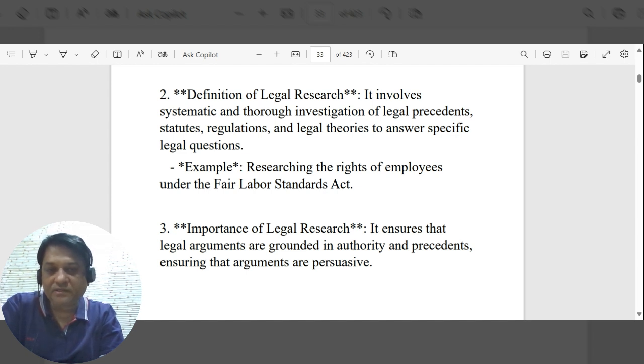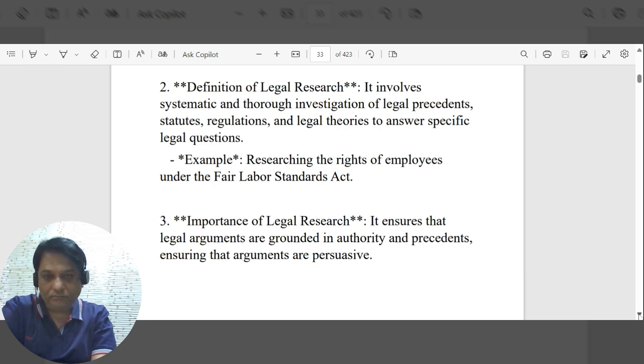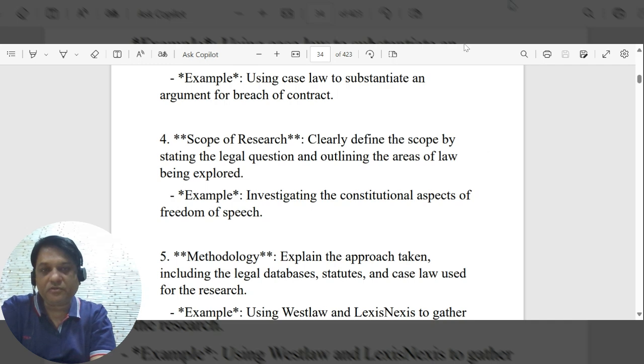Importance of legal research, it ensures that legal arguments are grounded in authority and precedents, ensuring that arguments are persuasive. Example, using case laws to substantiate an argument for breach of contract.